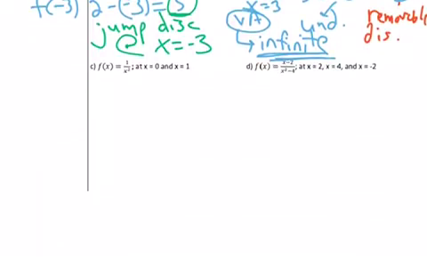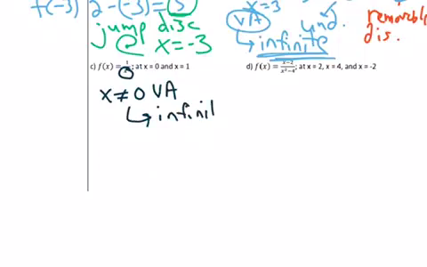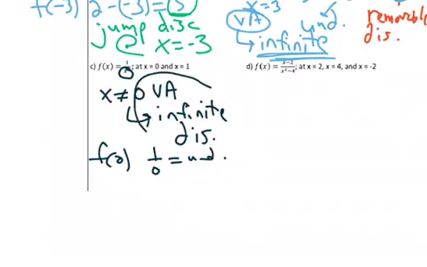Here's our last two problems. For the next one, we're going to test these values. We do know that the denominator can't equal 0, so x can't equal 0. That's going to create a vertical asymptote, which we know has infinite discontinuity. In fact, if you do f of 0, you're going to do 1 over 0, and you're going to get undefined. But now we know what it comes from, not a hole, but a vertical asymptote, so we know the type of discontinuity. We're also supposed to see whether it's continuous or not for x equals 1.